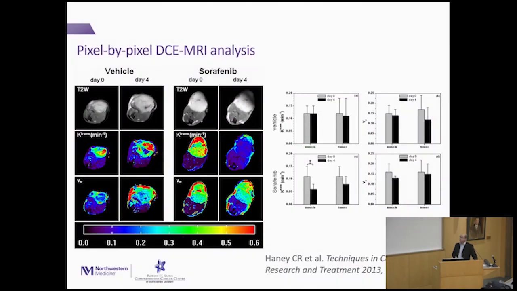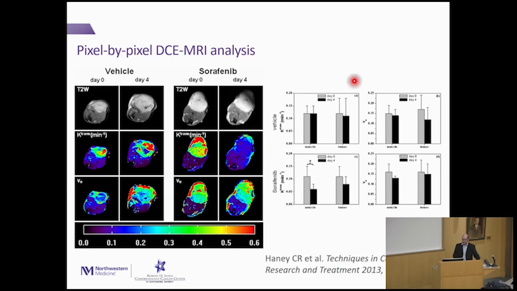So this is an example of a colorectal tumor xenograft on a mouse leg, and we're looking at vehicle versus sorafenib. Sorafenib is an older antivascular agent, and this was a study that I inherited from a postdoc that got ill, and we were trying to make sense of the data and the way that it was collected.